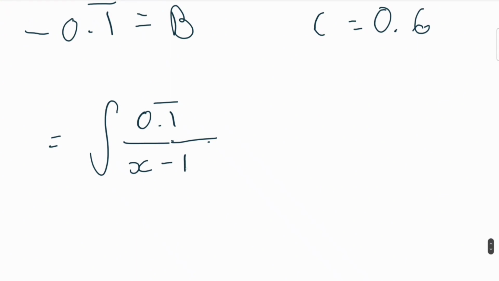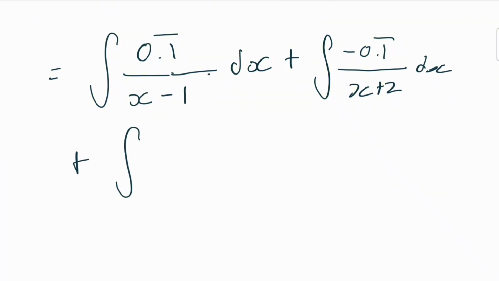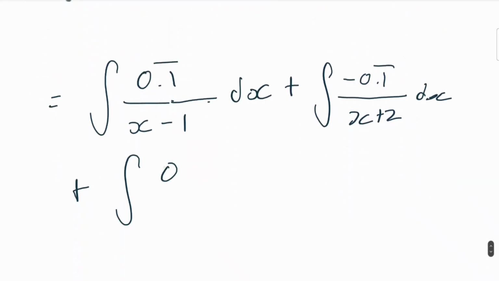Over x minus 1 dx, plus integral, and then B, negative 0.1 recurring over x plus 2, plus integral of 0.6 recurring over x plus 2 squared.